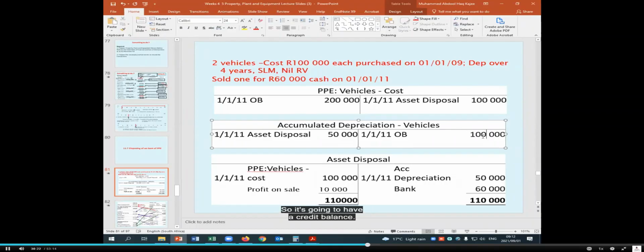So it's going to have a credit balance. We need to take out 50,000. So we will debit this account with 50,000. And we'll send it to your asset disposal account. So debit accumulated depreciation with 50,000 and credit asset disposal with 50,000.